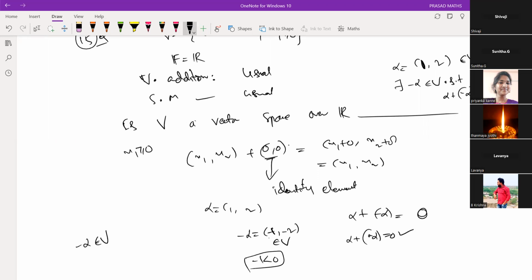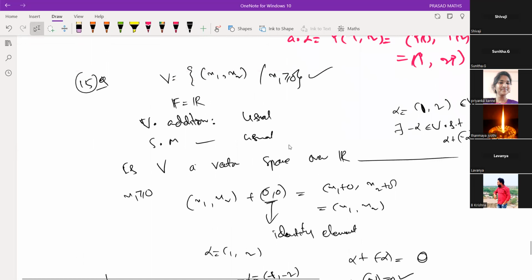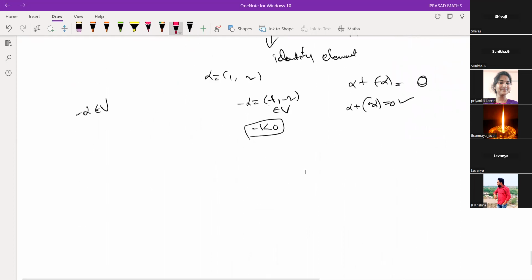V is the set of all ordered pairs in which the first component is non-negative, so it fails to satisfy the inverse property with respect to addition. Therefore, it fails to satisfy the abelian group property, and so it is not a vector space.